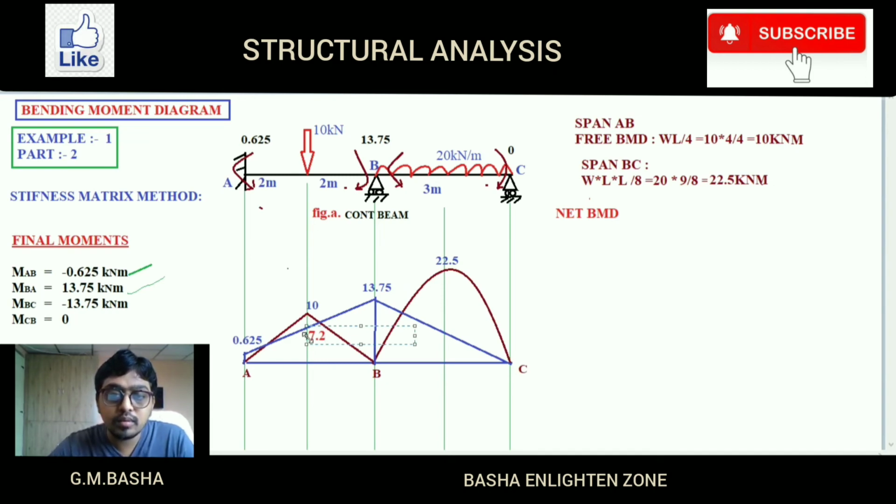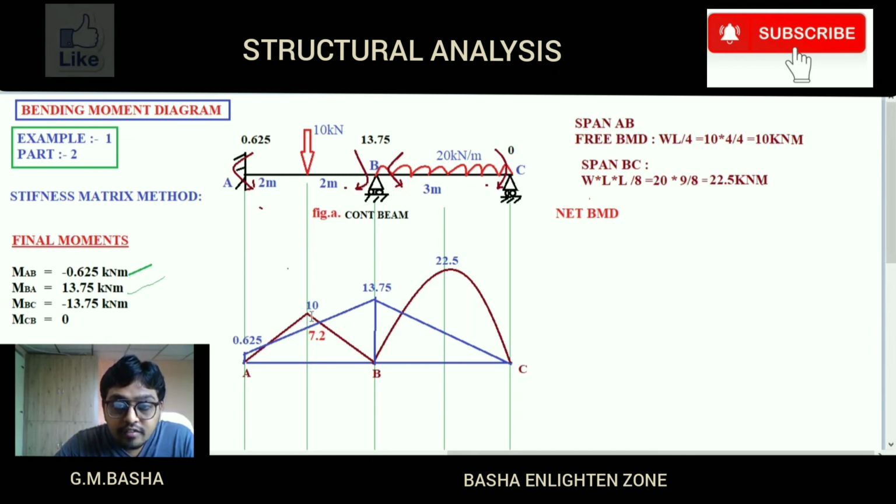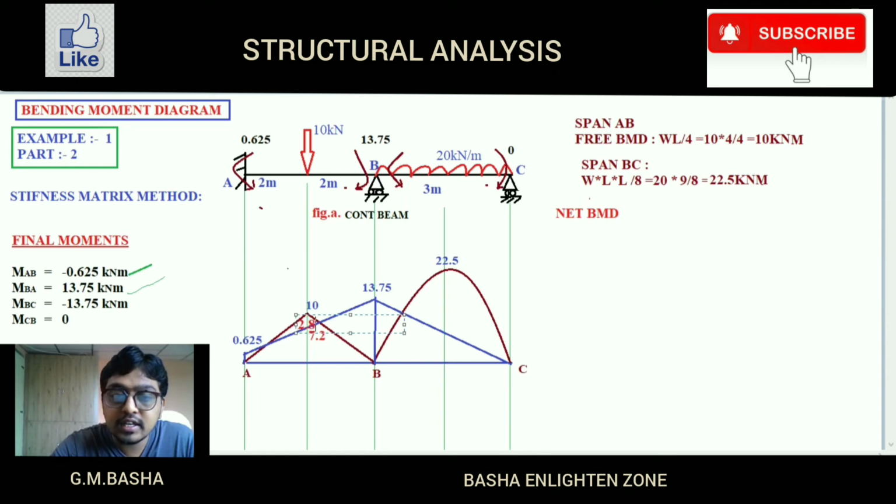If I want the ordinate, that is the net bending moment, I remove this 7.2 out of this 10. How much will it be? That will be equal to 2.8. 10 minus 7.2 will be equal to 2.8. So which is your net BMD for the triangle, for the point load.